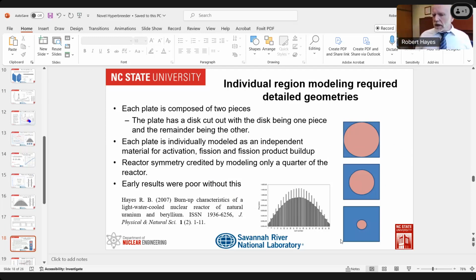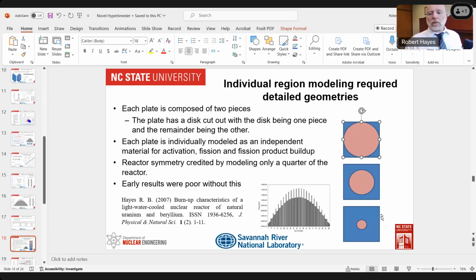So the way that I addressed that was I took the big sphere and inscribed a sphere inside of that, where I separated every plate into two different cells. So the plates on the edge would have just a small piece of the circle of the sphere. The plates in the center would have basically the entire circle touching the edges, and then towards the sides of the reactor, you would have something in between.